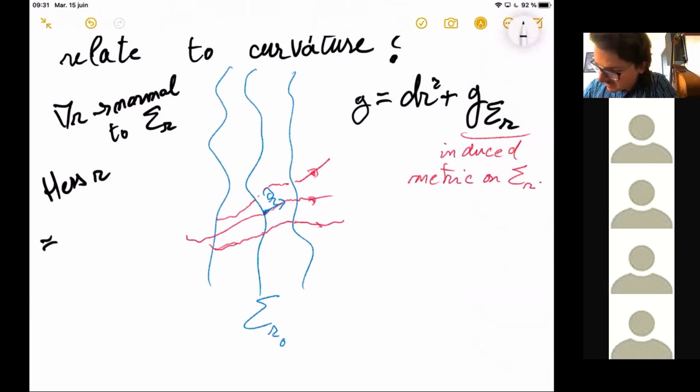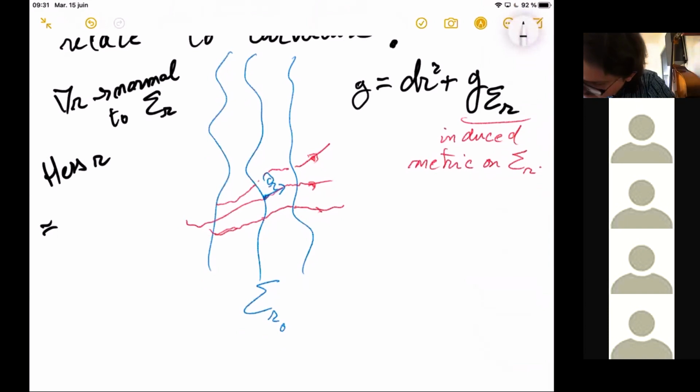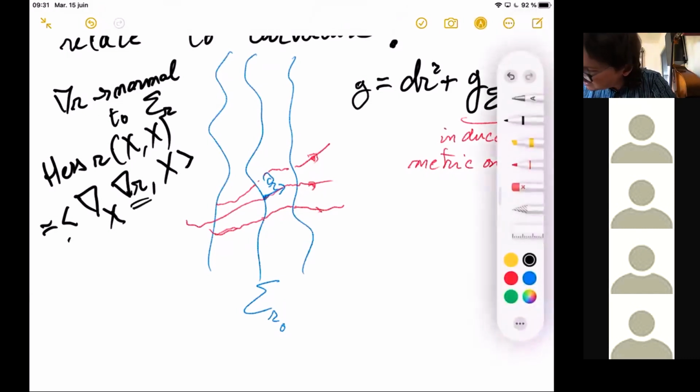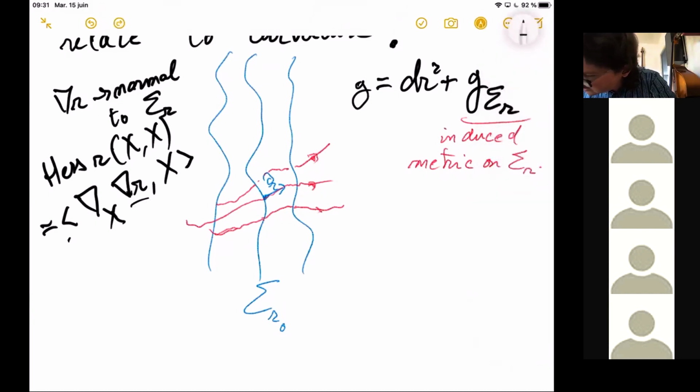So maybe let's write it on some vector fields. This will be, by definition, more or less, nabla X nabla r, inner product with X. Since this is the unit normal, this is actually the second fundamental form of sigma r.